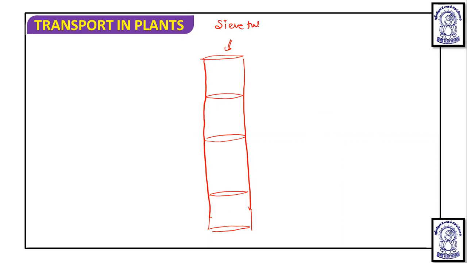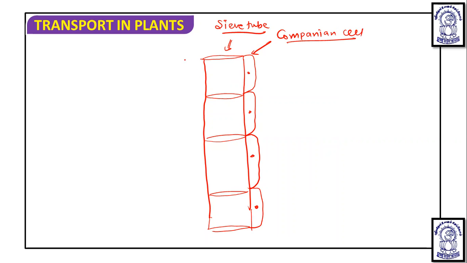Along with this you will see the presence of a companion cell. This companion cell has its nucleus, and along with this you will see the presence of xylem.